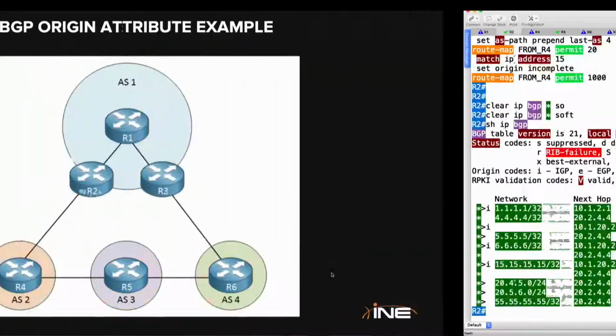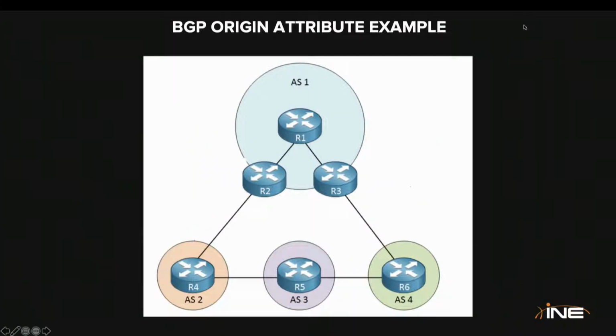So you see what's happened is for the network 5.5.5.5, we made R3 go from R1 to reach this network. And for the network 15.15.15.15, we made traffic flow from R2 towards R1, which was in the direction of 2 to 1 to 3 to 6 to 5 to 4.